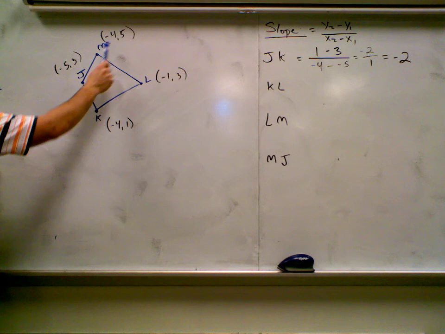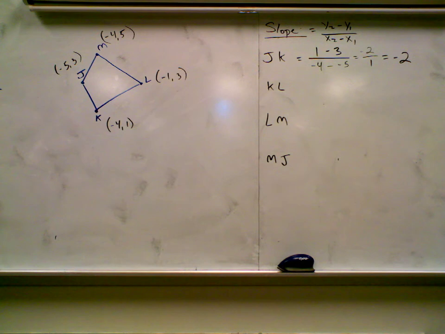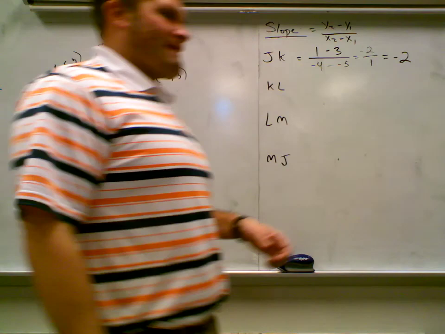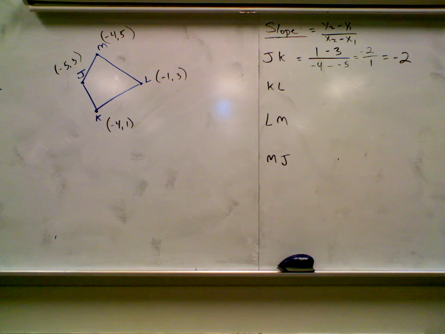We're doing y2 minus y1, right? Y2 minus y1. If you go the other way, it's fine. If you do L minus M, that's fine. Just do it on top and on bottom. Okay? No, don't do it in your head. Do it on the paper.